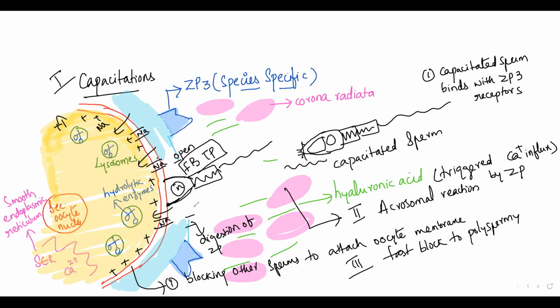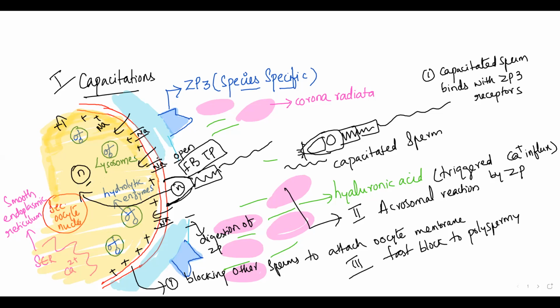And now you can see that the sodium made contact with the oocyte membrane, the channels opened, the sodium is moving inside, it is becoming positive, and it has blocked any more sperm from getting into the oocyte membrane. In the next stage, the haploid nucleus will be released in. This will be the next procedure.